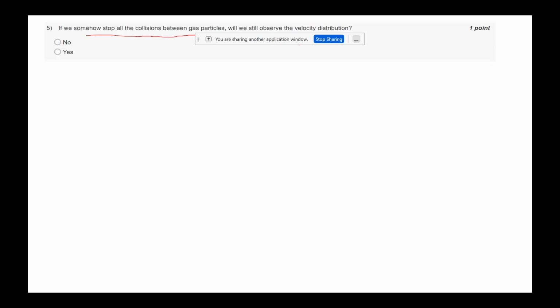So let's say the particles are colliding with each other, and we will somehow stop all the collisions. Will we still observe the velocity distributions or not?